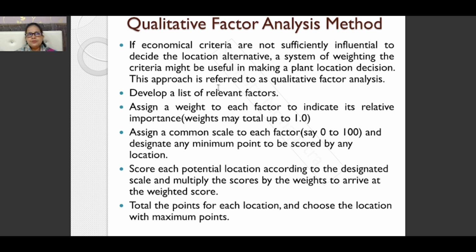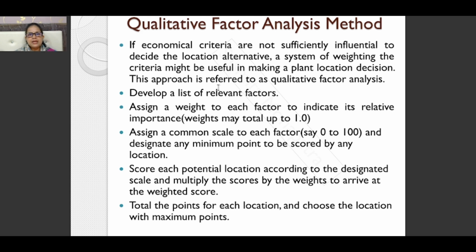First, we need to list down the relevant factors. Then we have to assign a weight to each factor, and the total weight should be 1.